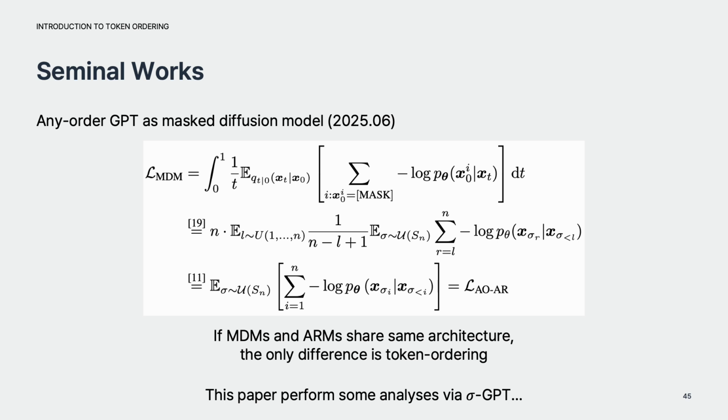The paper further shows through mathematics that the loss of MDMs equals the loss of any-order AR. Thus, if MDMs and ARM share the same architecture, the only difference is token ordering. Much of the paper's analysis builds on Sigma GPT, so we can understand Sigma GPT as an implementation of a decoder-based MDM.